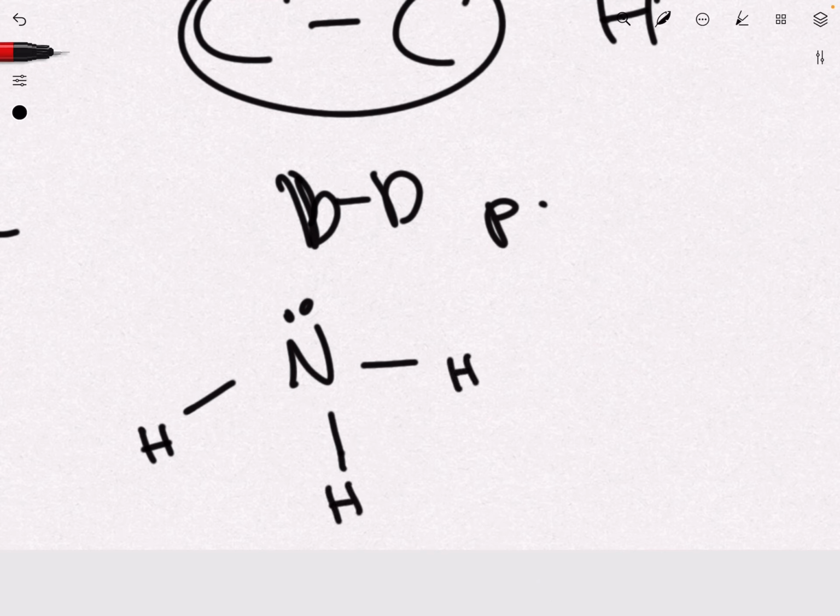Because here we will have a permanently more electronegative region near our lone pair, in comparison to our more electronegative nitrogen and less electronegative hydrogens.